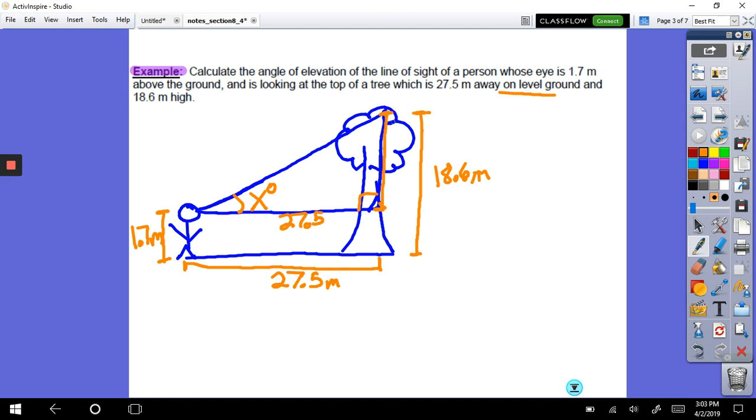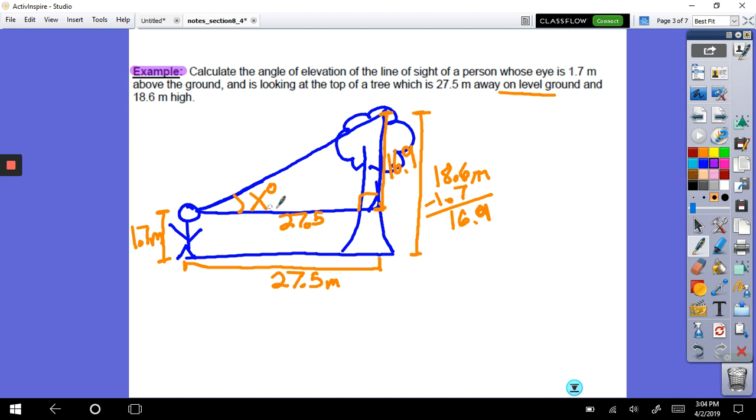Well, we're going to have to subtract 18.6 minus 1.7, which is how tall the person was, leaving us with 16.9. So this height is 16.9. All right, now we're ready to solve.